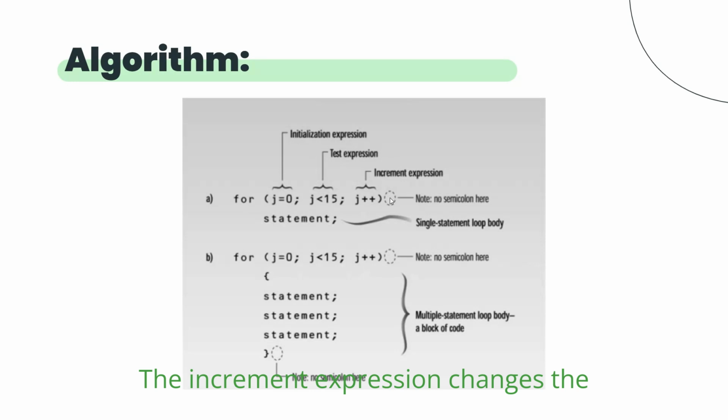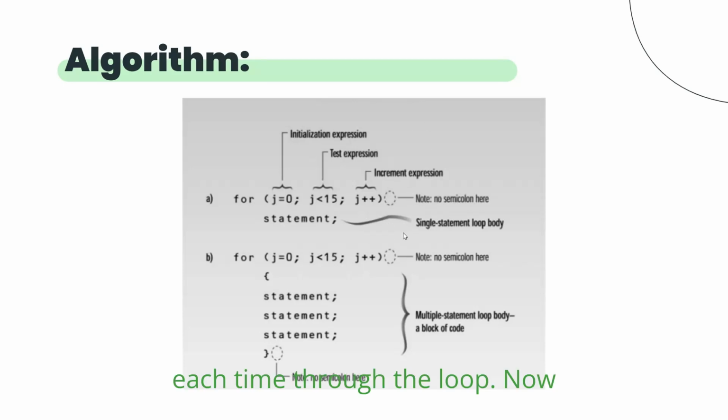The increment expression changes the value of the loop variable, often by incrementing it. It is always executed at the end of the loop, after the loop body has been executed. Here the increment operator ++ adds 1 to j each time through the loop. Now how many times is the loop going to execute?